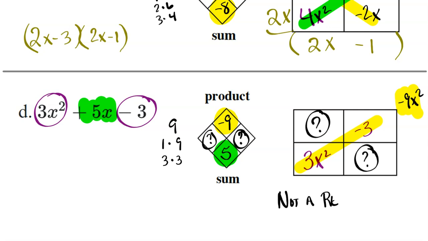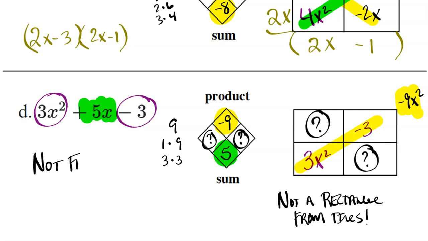What I mean by that is it's not a rectangle we can make with tiles. So if you can't make a rectangle out of it, then by factoring it, we would say that this is not factorable right now, not factorable using the area model.